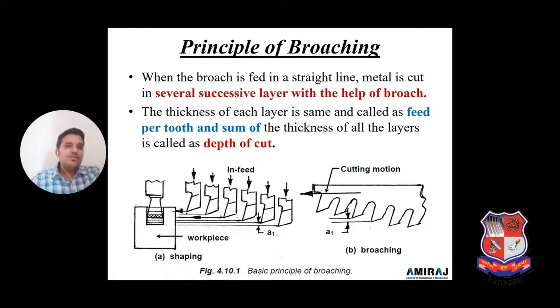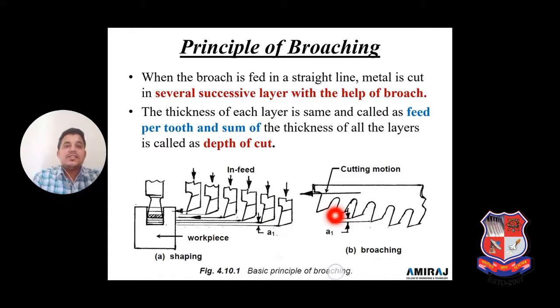So what can I do in the shaper machine? We have to provide strokes one by one onto the workpiece. So now what can I do? I can utilize my feed as a cross section, the distance between the two teeth of the broach tool. The broach has multiple teeth, so we are providing A1 distance.